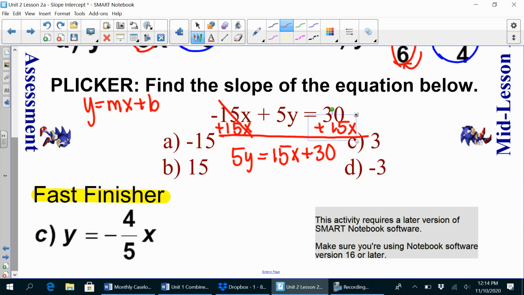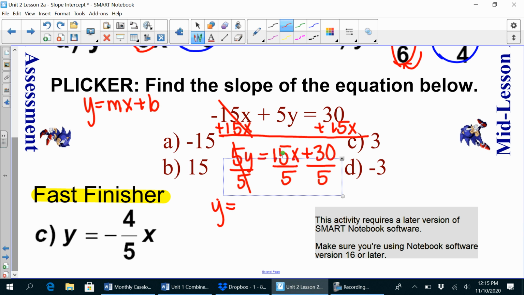But we're not done yet because I still need to divide everything by 5 in order to get the y by itself. This is going to cancel, and I have y equals 3x plus 6.